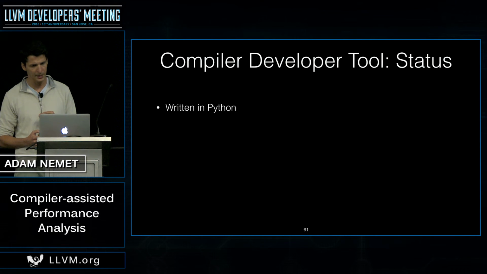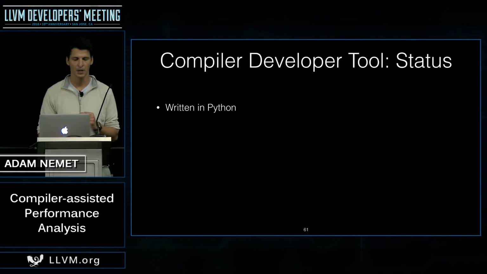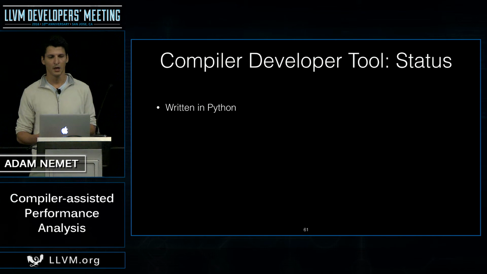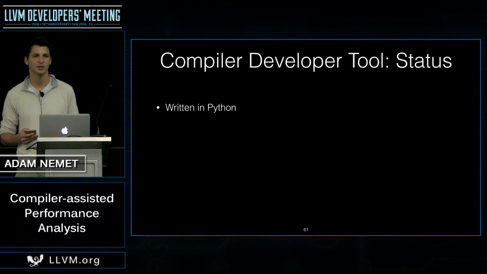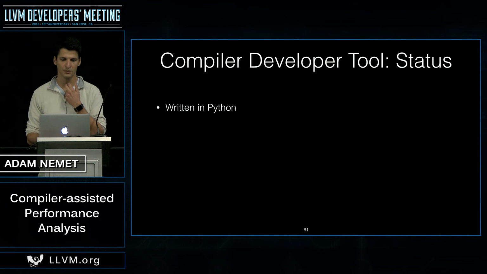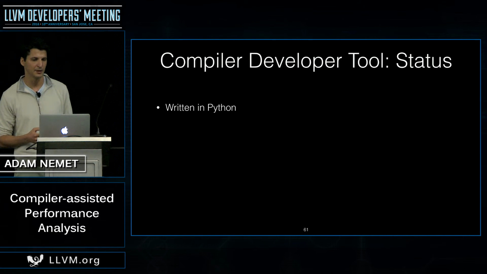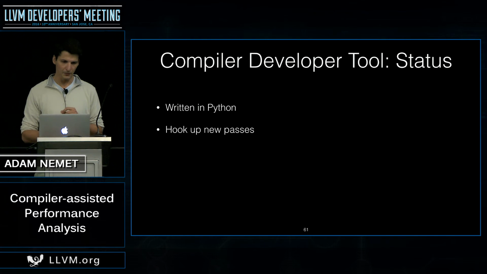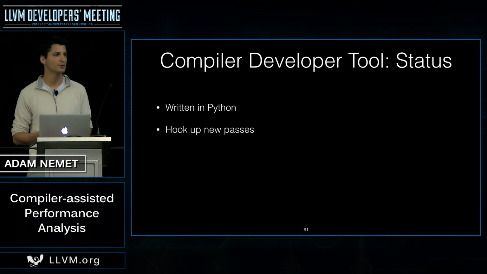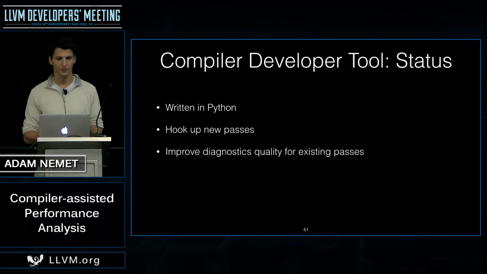So regarding the status for compiler developers, the tool is written in Python, which allows us to just pull in rich functionality of Python. For example, that's how the syntax highlighting is implemented. But we still need to hook up new passes.